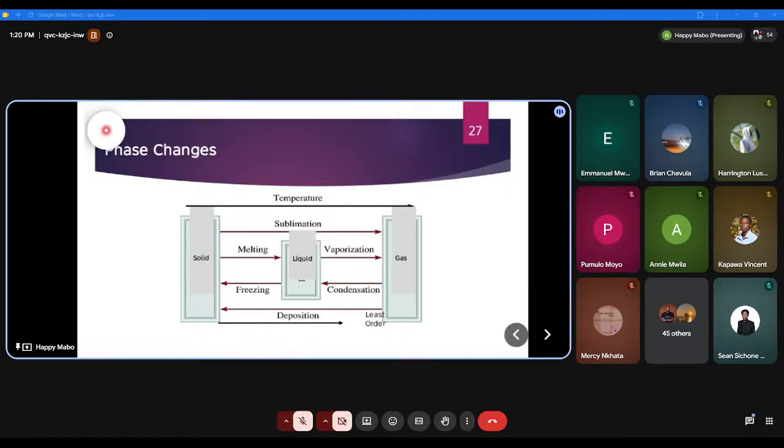The phase changes involve processes that involve energy and what we call order changes. On this side you've got least order, and on the other side you've got greatest order.